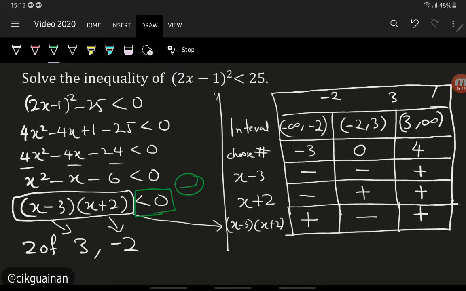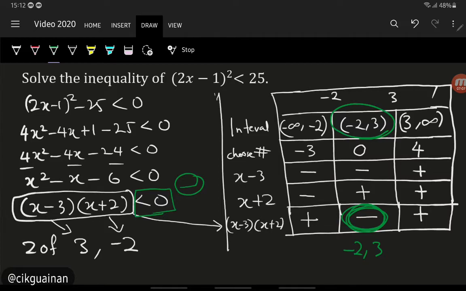So from the sign table, below the lowest part of the last row, we look at the negative. So the interval is this one, minus 2 and 3.